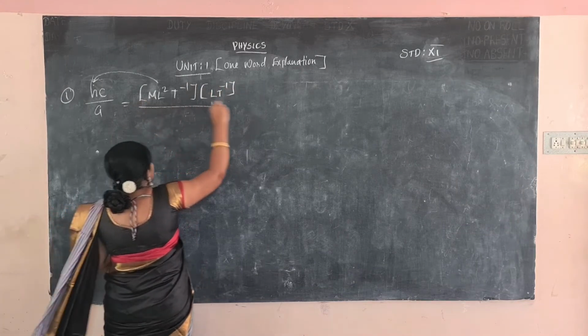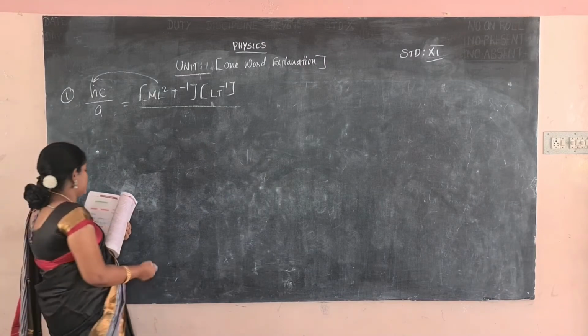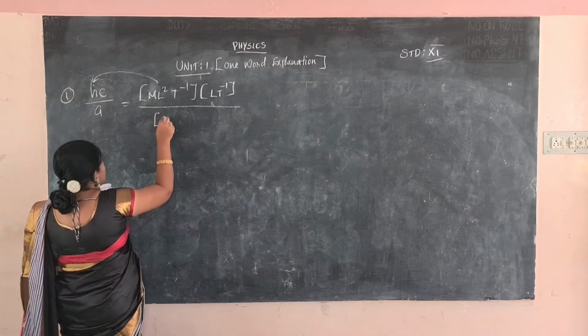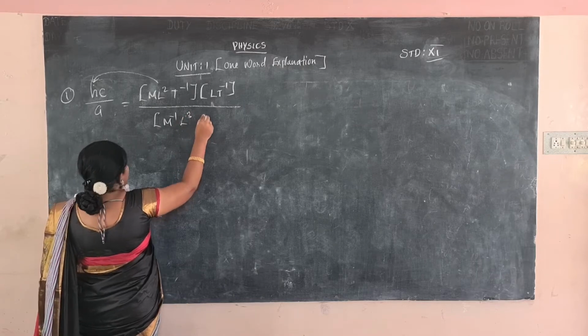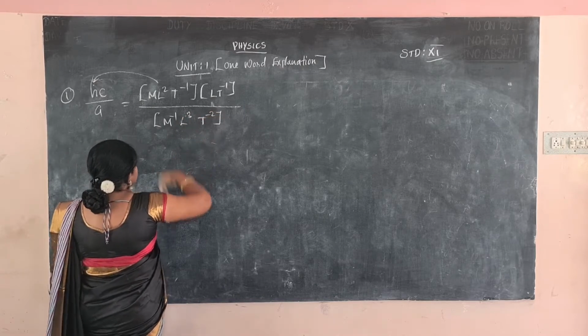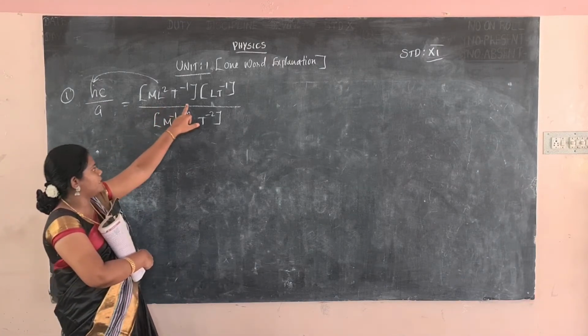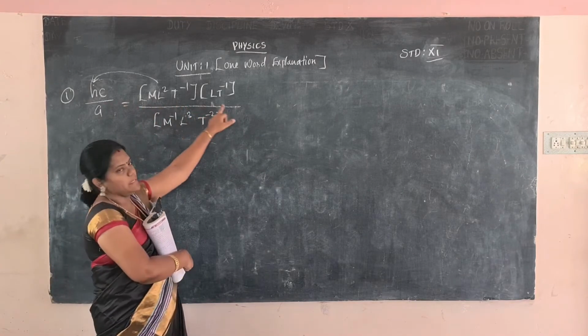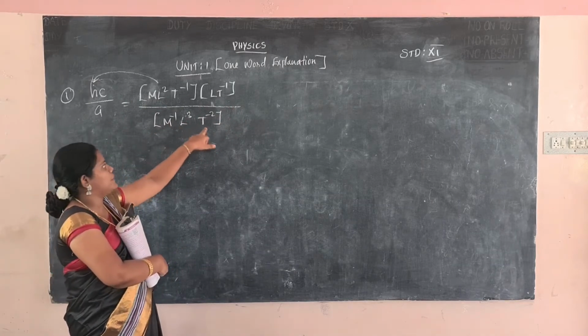Then the denominator, G, is the gravitational constant. Its dimension formula is M power minus 1, L cube, T power minus 2.